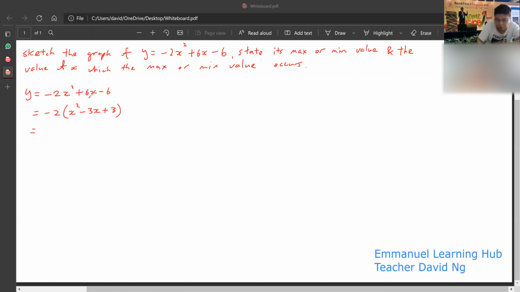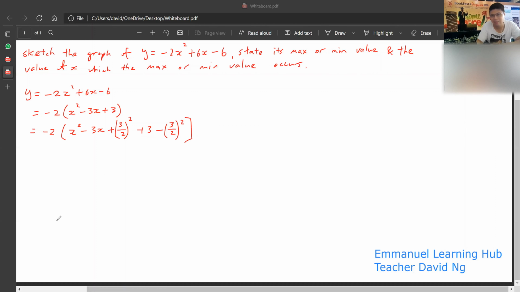Like in this case, I could have factorized out a 2 and a negative x squared in a bracket, but I choose to factorize out -2 so that the coefficient of x squared is positive. You let the coefficient of x squared be positive so that you have an easier life.